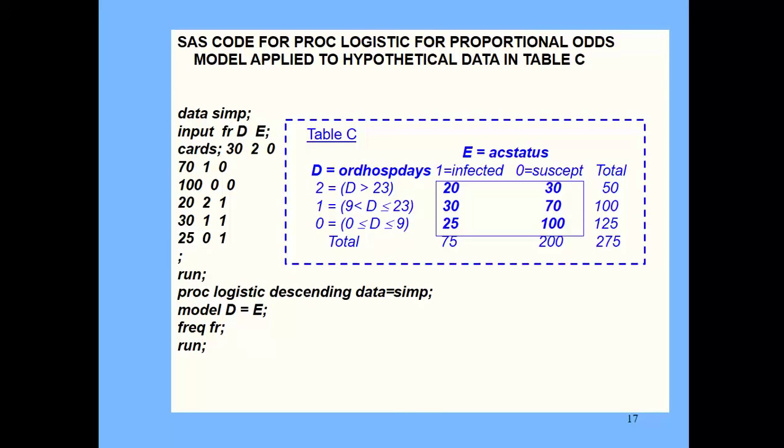You have 3. So the computer is smart enough, it's built in, to know that if you have more than 2 values for the D variable and you're using this code, you're doing the proportional odds model, ordinal logistic regression, and not binary logistic regression. If I only had 0s and 1s on the D, then it would be doing binary logistic, and I wouldn't need a glogit statement.